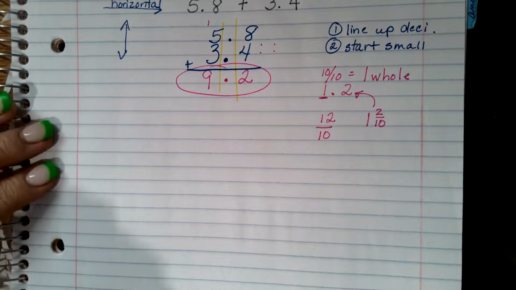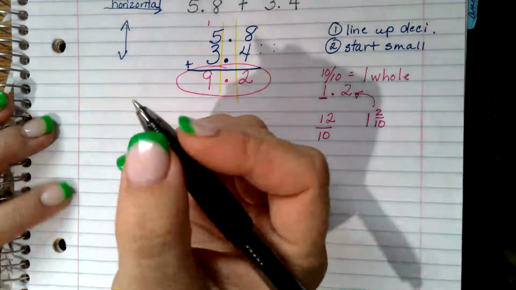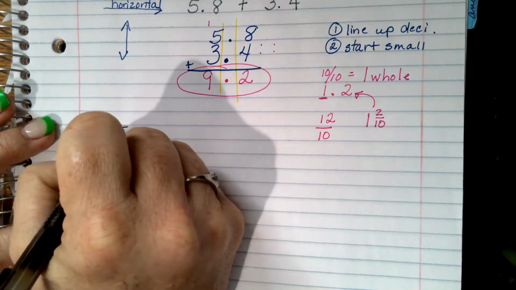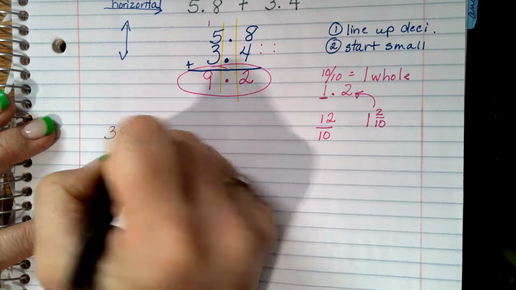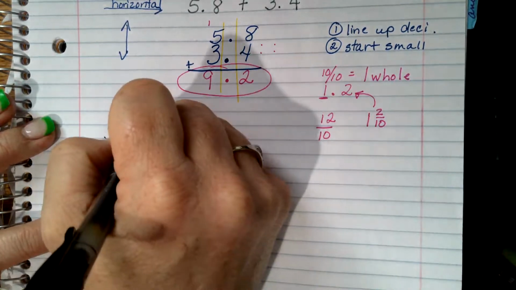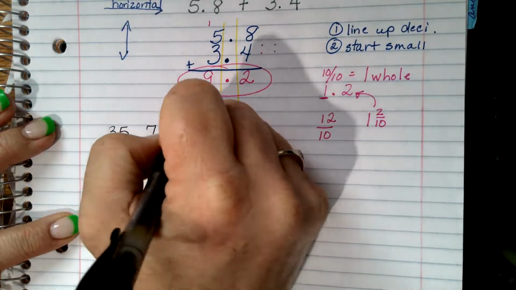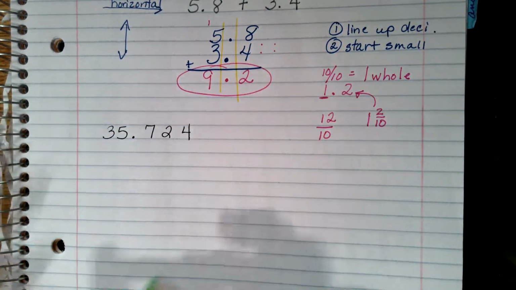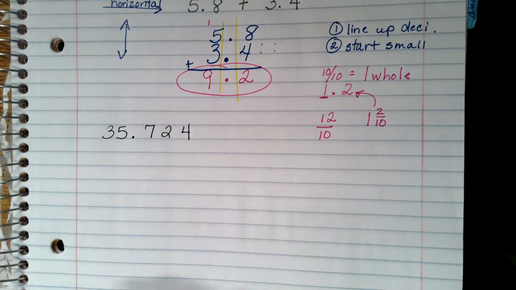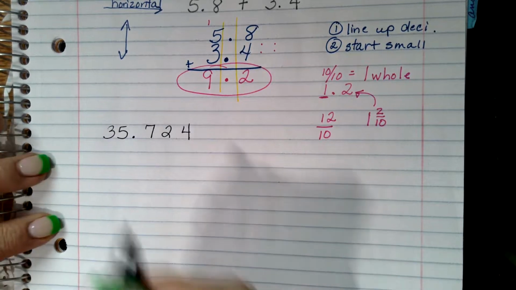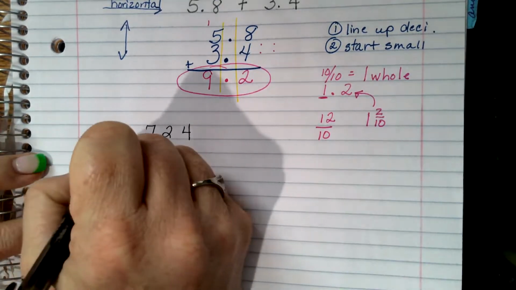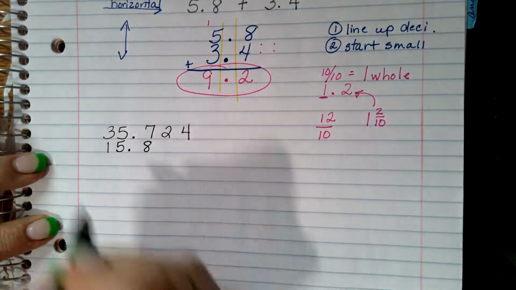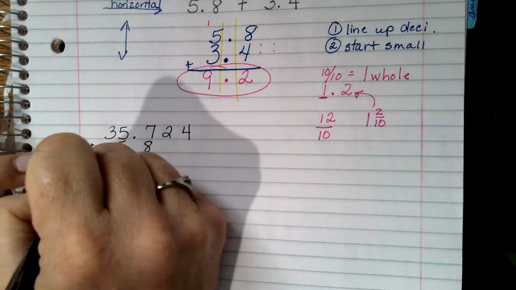For instance, let's say we have 35 and 724 thousandths. And we have 15 and 8/10. And we're going to add these two numbers together.